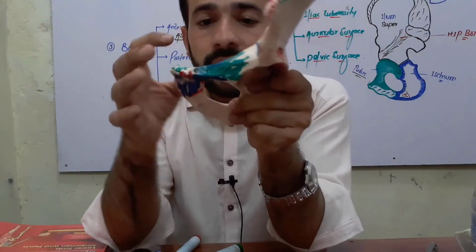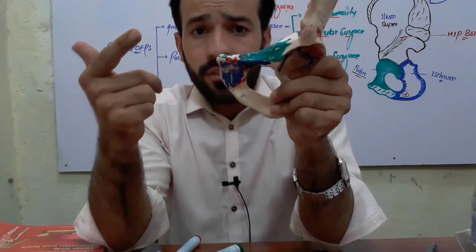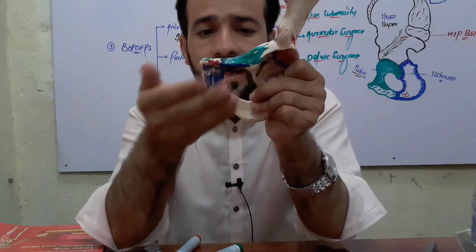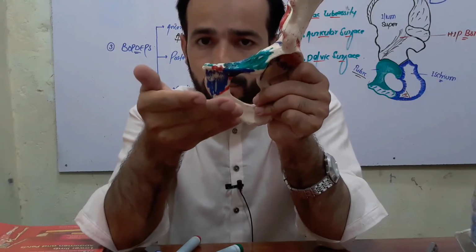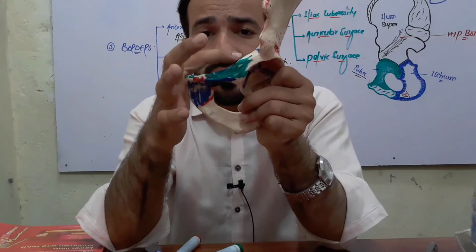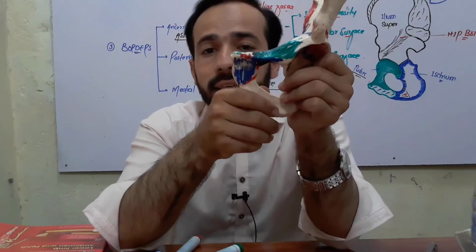So we said that the superior ramus has three borders and three surfaces: the pectinal border, the inferior border, and the anterior border or obturator border. Then there were three surfaces: the pectinal surface, the pelvic surface, and the obturator surface.